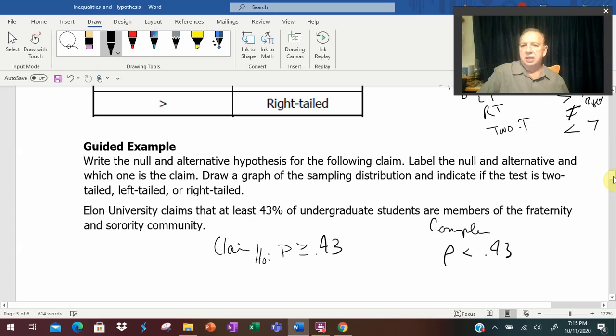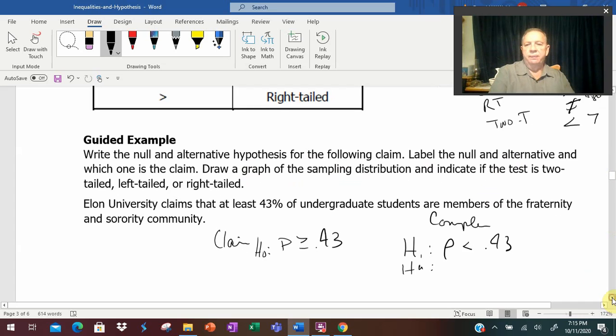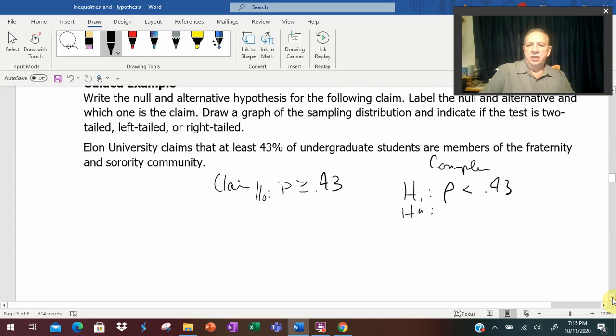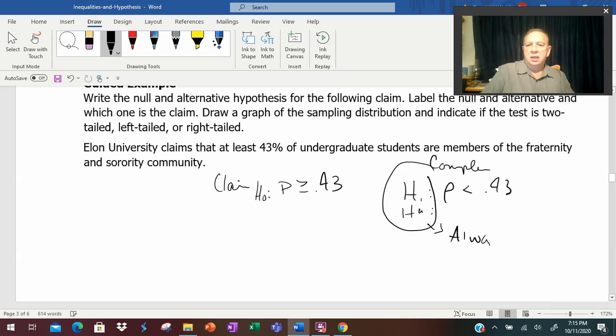H0 comes first, and then H1 or HA comes next, depending on your textbook. Okay? But now we want to look at whether this is a two-tailed, left-tailed, or right-tailed test. And that's the test that you're doing, okay? This always determines the test.